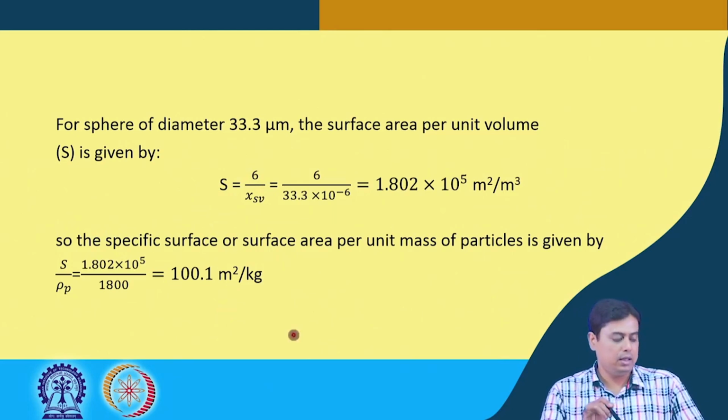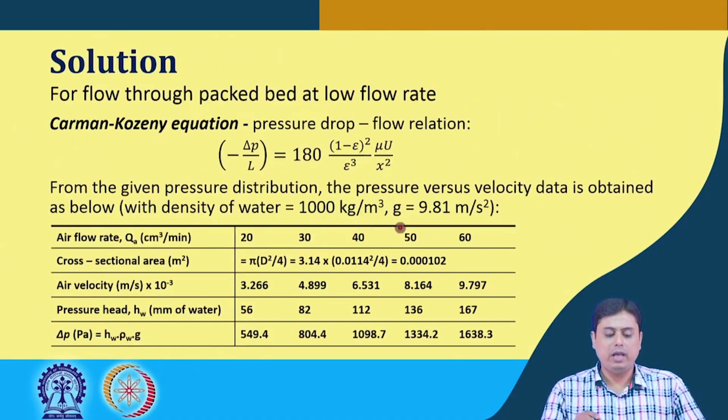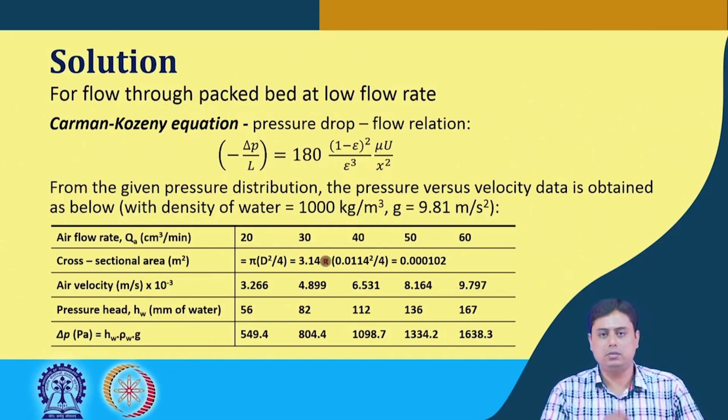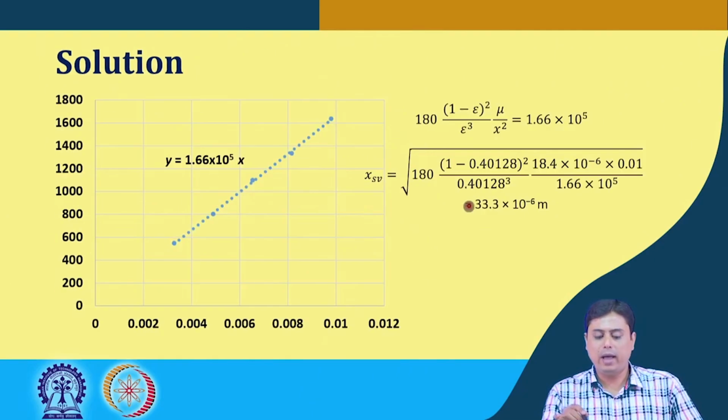Now, one thing that you should try is that here we have assumed that this equation is valid for this problem, and you have to remember this Kozeny-Carman equation is valid for very low Reynolds number. Can you establish that? Because now you have the diameter of the particle.